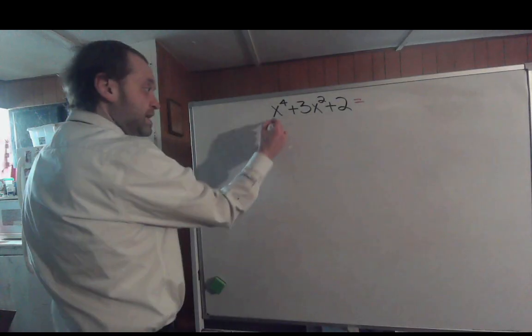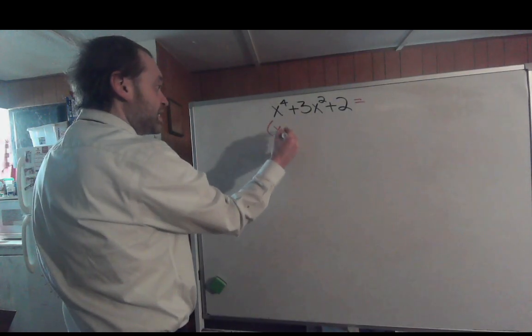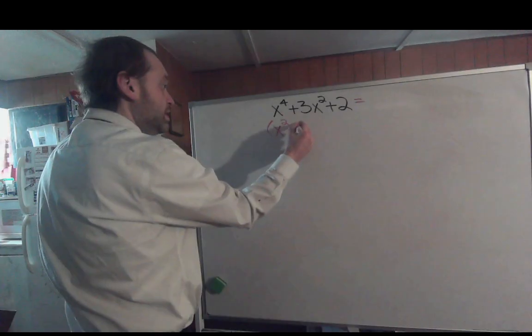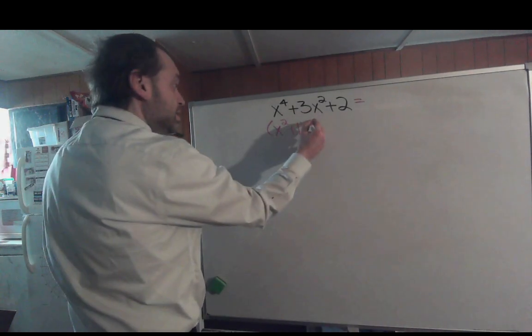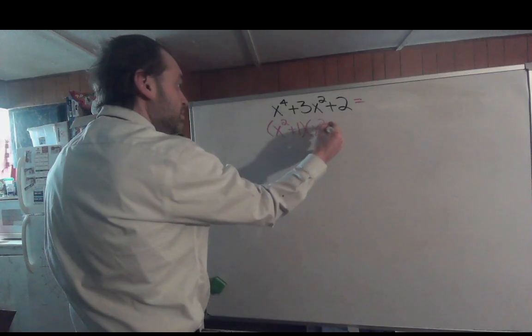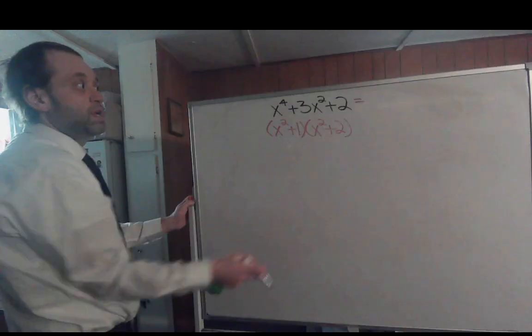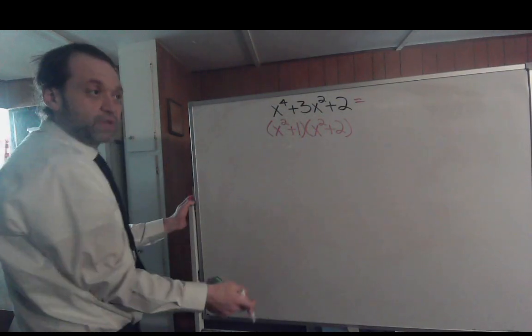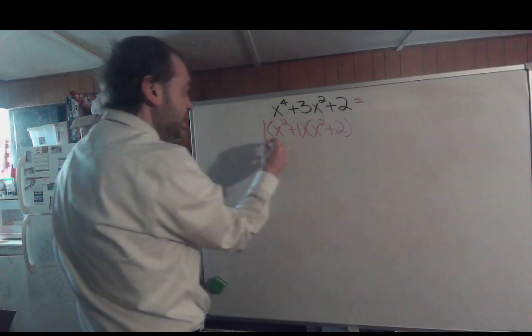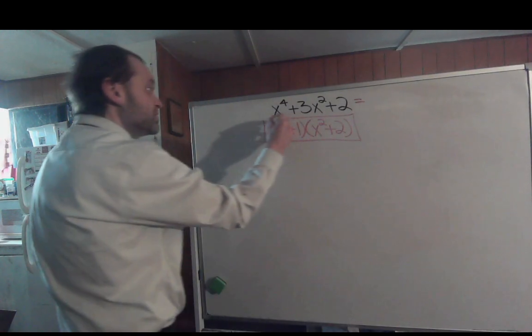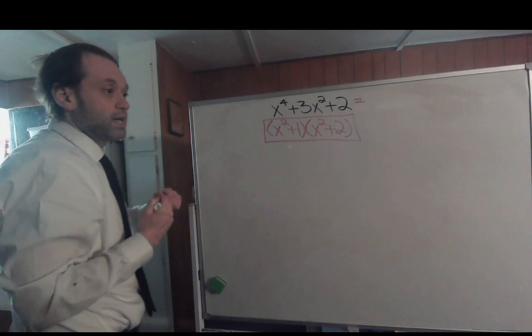If you're going to factor this, this would factor into x squared plus 1, that quantity, times x squared plus 2. And if you FOILed this all out, you would end up getting x to the fourth plus 3x squared plus 2.